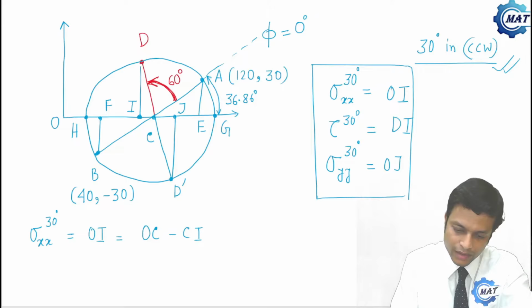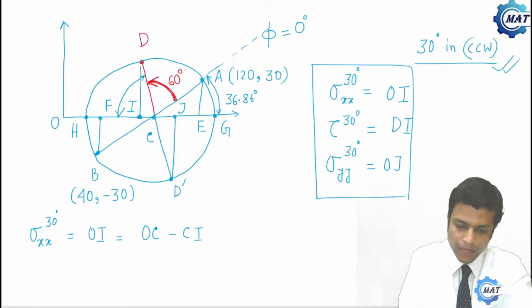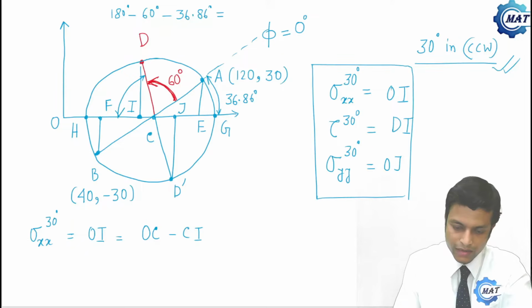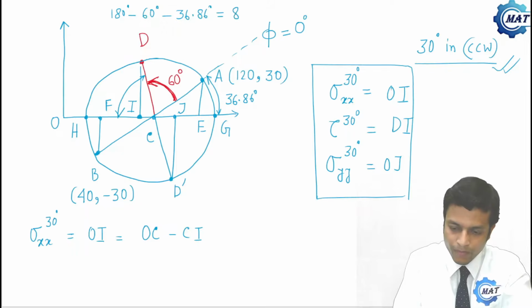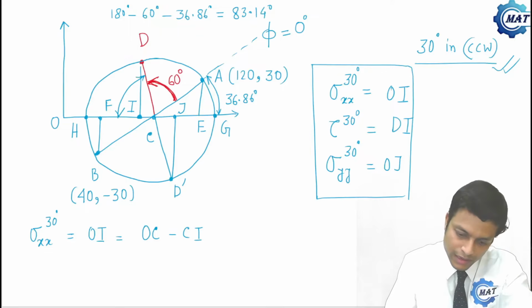So this remaining angle becomes what? 180 degree minus 60 degree minus 36.86 degree, that becomes 83.14 degree.